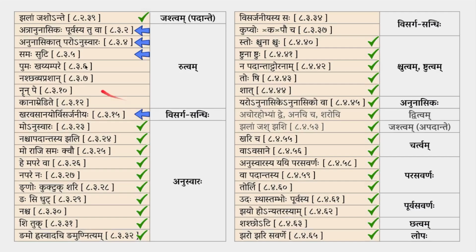So there are 3 things. First, placing the Ru somewhere in the Prakriya; second, doing some additional actions if Ru is placed; and third, finally replacing Ru with something else, because Ru is an intermediate form which you cannot use in the final form. So Ru is temporarily placed to do some additional actions, and after that we replace Ru with something else like Visarga. That's the overall Prakriya pattern here.